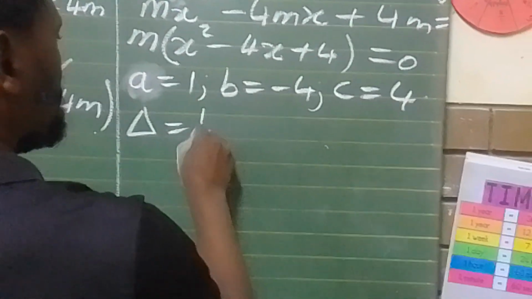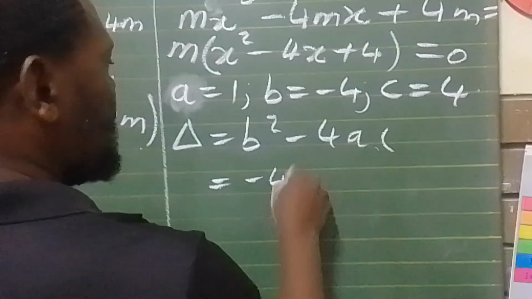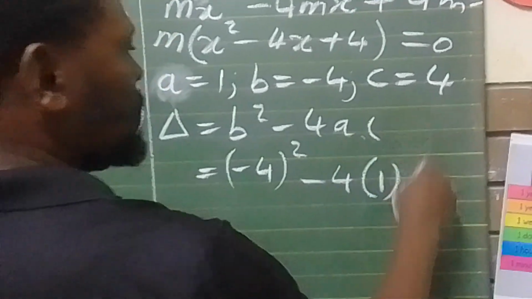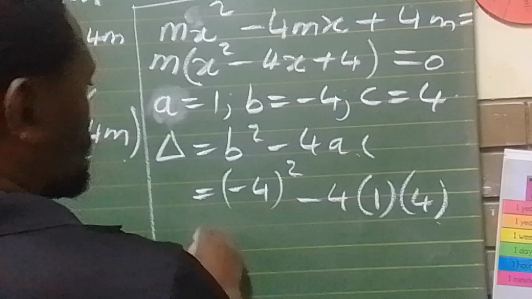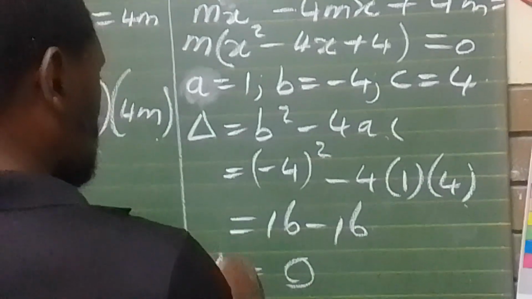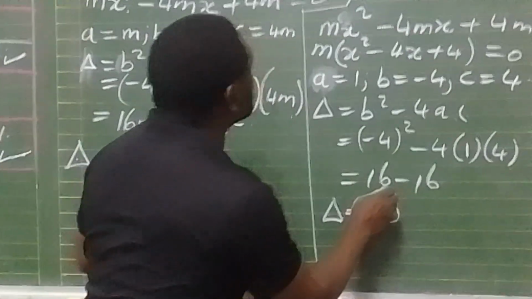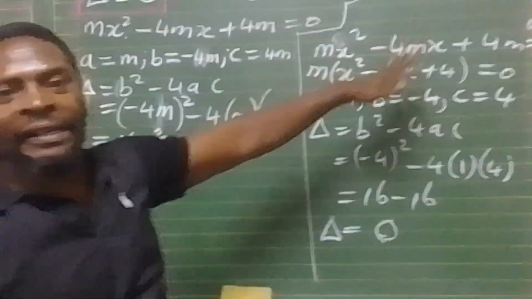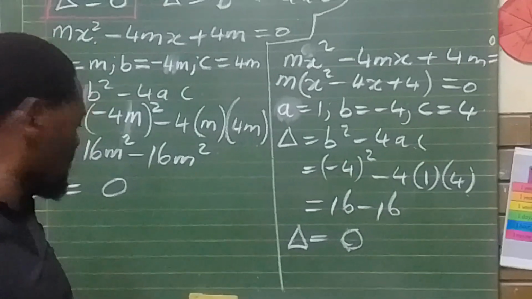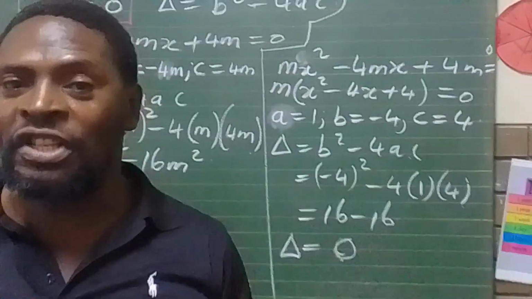Then your discriminant is b squared minus 4ac, which is minus 4 squared minus 4 times 1 times 4, which is 16 minus 16, which is 0. Either way, you are going to find out that your roots are equal, real, and rational. Right, grade 11 and 12 for that matter, because even grade 12 are welcome to watch this video and learn a thing or two.